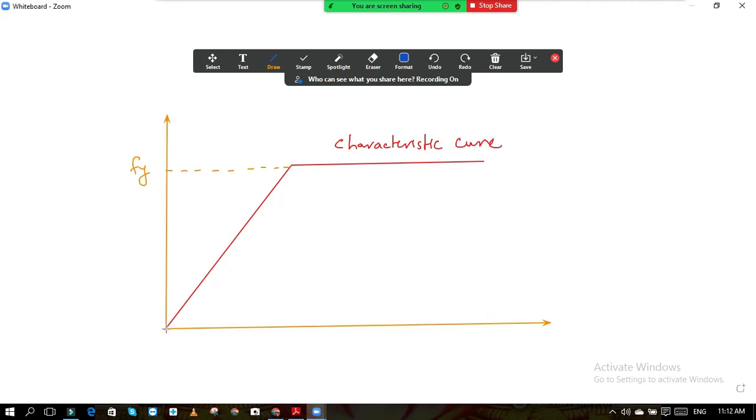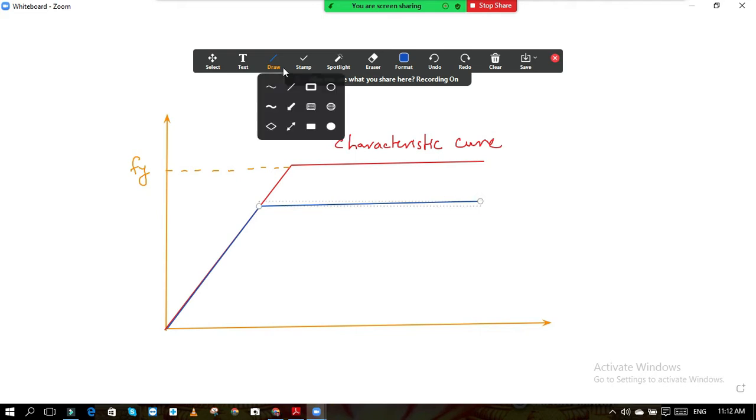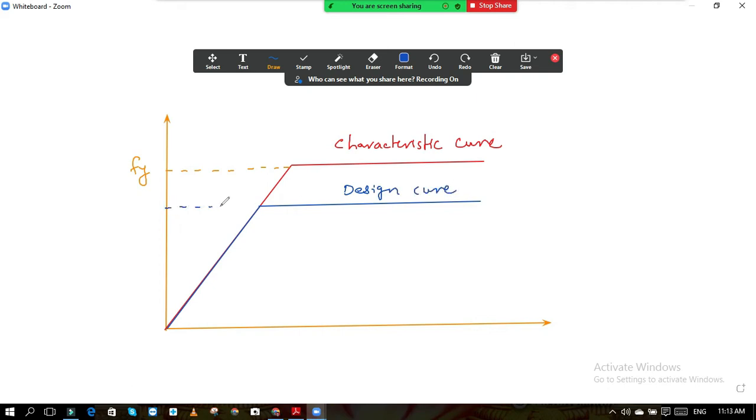The design curve will be similar up to this point. From here it will be a straight line again. So this is your design curve, and if you plot this over here, this will be your 0.87 Fy.